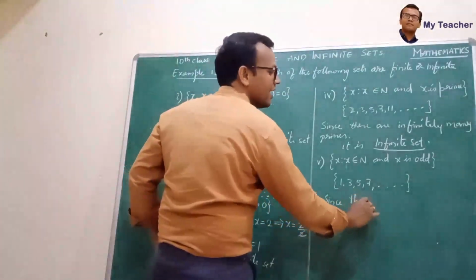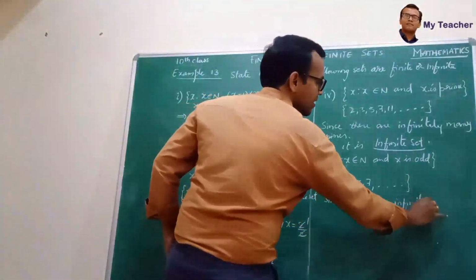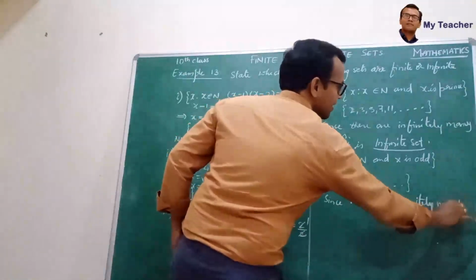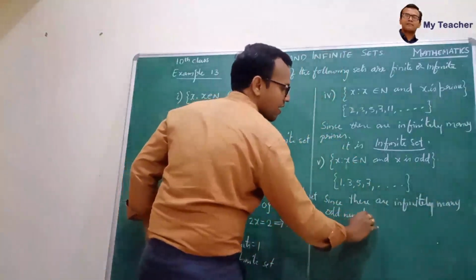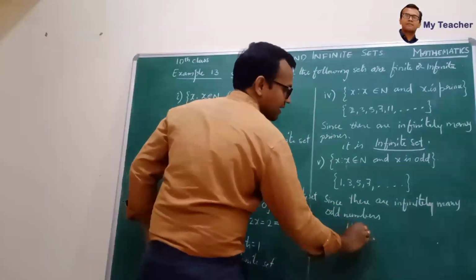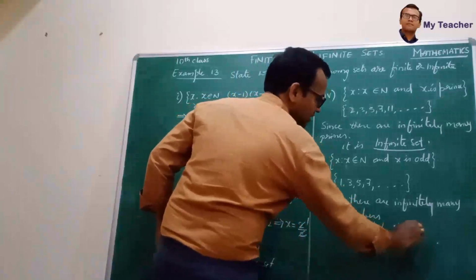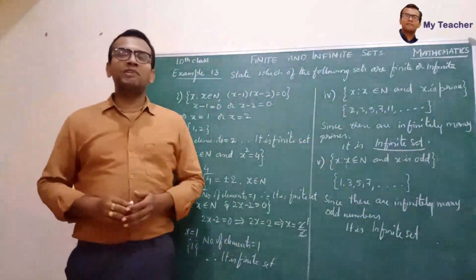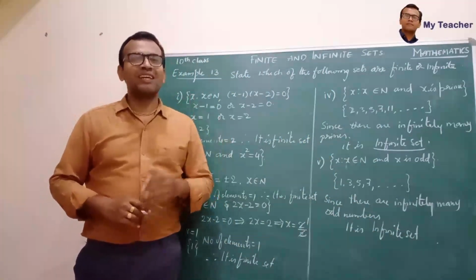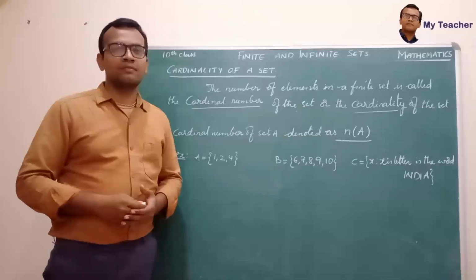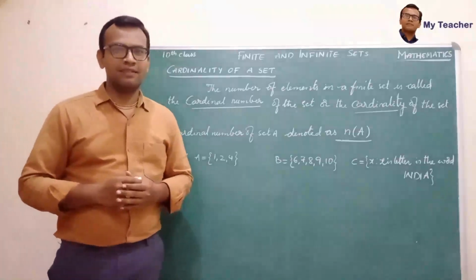Since there are infinitely many odd numbers, it is an infinite set. Like this, we can find whether the set is finite or infinite based on the number of elements present in it. So children, we have seen finite and infinite sets.